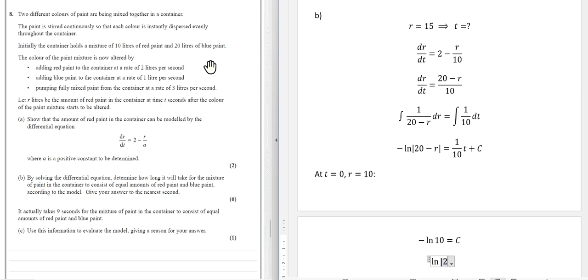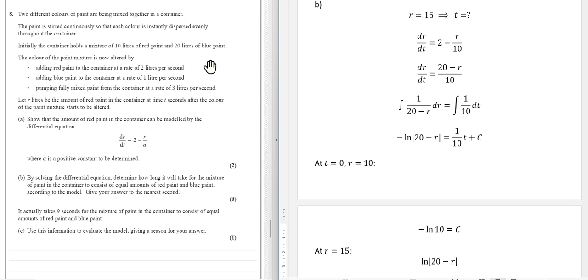Now I'm interested in when R is 15, so again, I'm not going to bother rearranging things until I've put numbers in. Minus ln of 20 minus 15 is just ln 5 with a minus sign, and then that's 1 over 10 t minus ln 10.